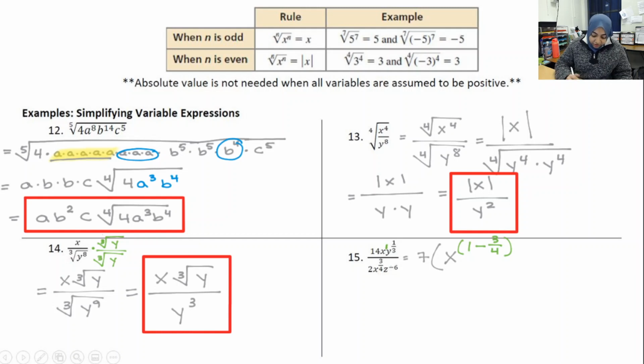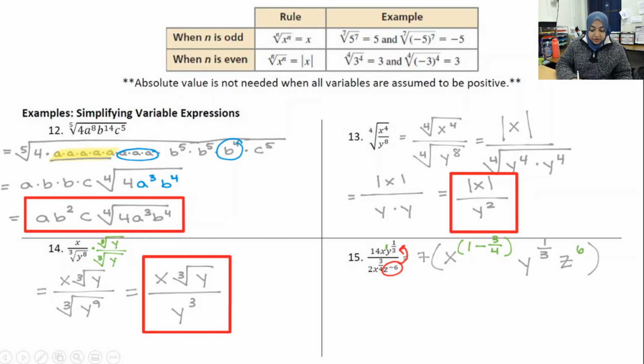I'm just going to have y to the 1/3. And then notice that I have a negative exponent on my z. Well, just like I can go from the numerator into the denominator with a negative exponent, I can do the same thing here. So that means I have z to the positive 6th in the numerator.